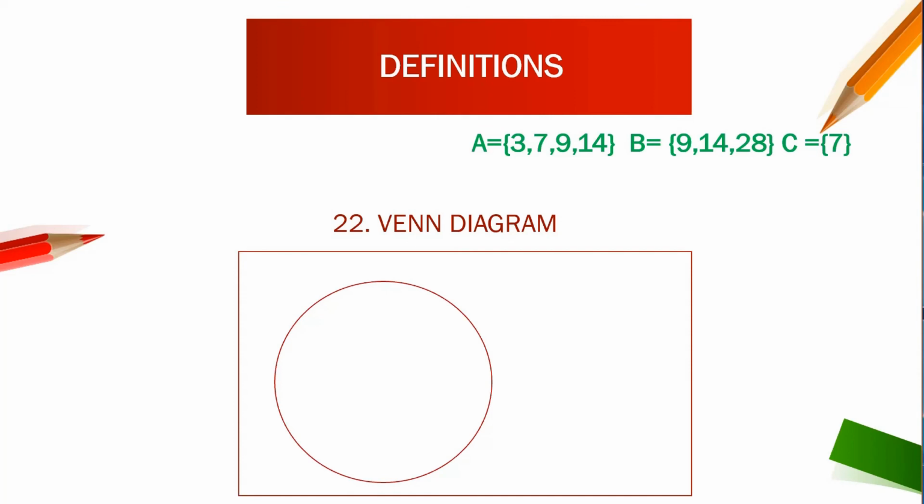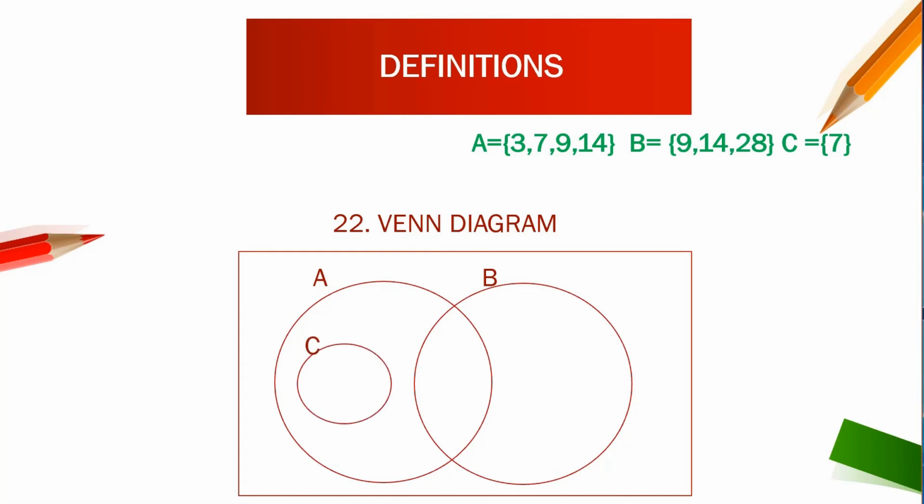So first we're going to draw circle A, then we're going to draw circle B. Now remember earlier in my definitions, we already established that set C is a subset of A. Therefore, all the elements in C can be found in A. So therefore, we would have to draw circle C within circle A.